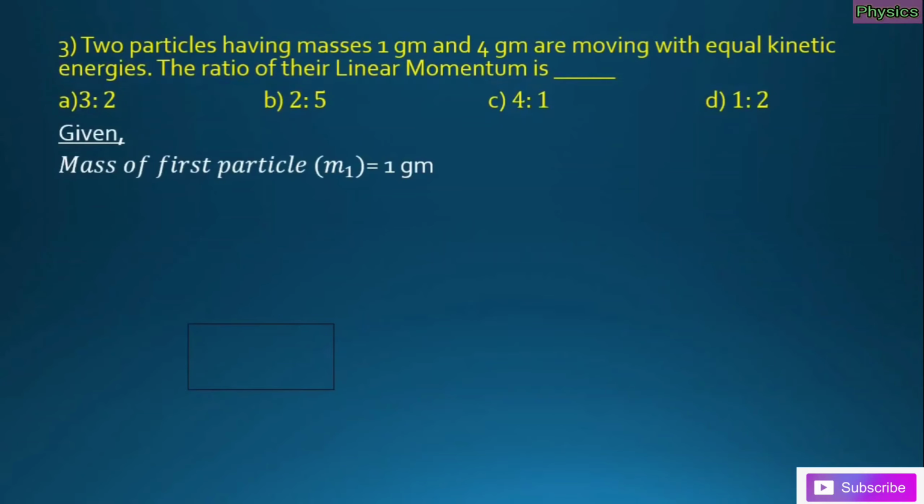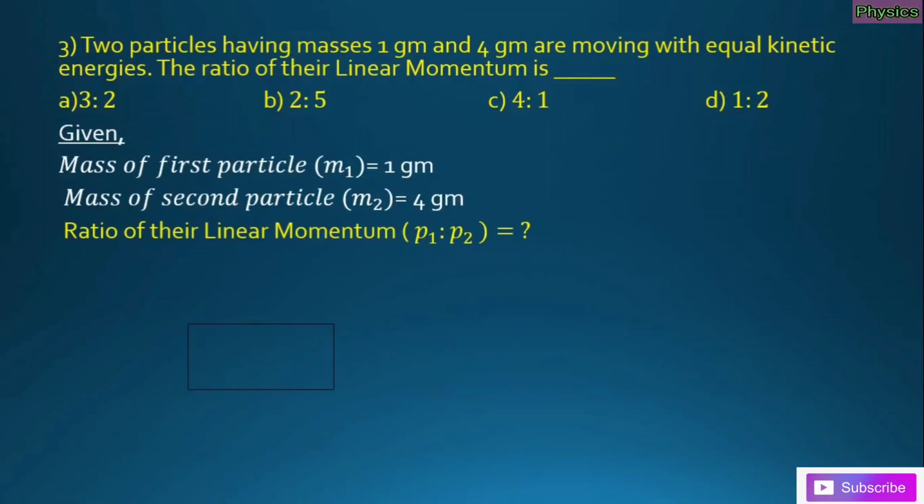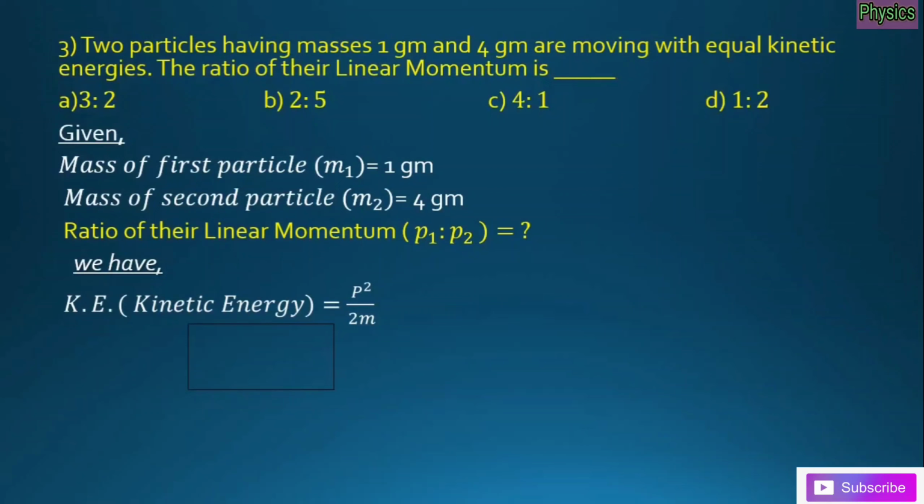In question number 3, we have two particles having masses 1 gram and 4 gram moving with equal kinetic energy. The ratio of their linear momentum is, here given is the mass of the first particle, let m1 equal 1 gram, mass of the second particle m2 equals 4 gram. Then you have to know the formula, that is kinetic energy equals p squared by 2m.